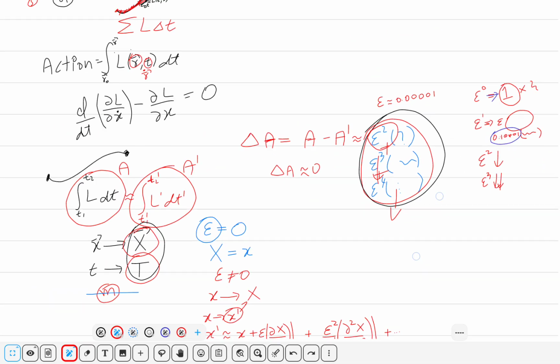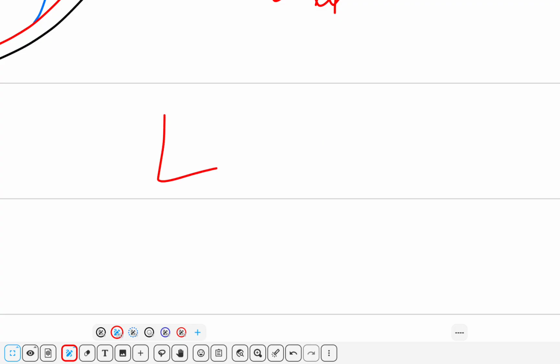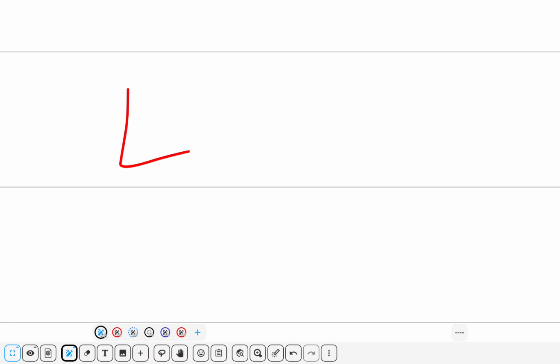And so let's say you have a Lagrangian in your box, in your cube, and after translation this became L dash.